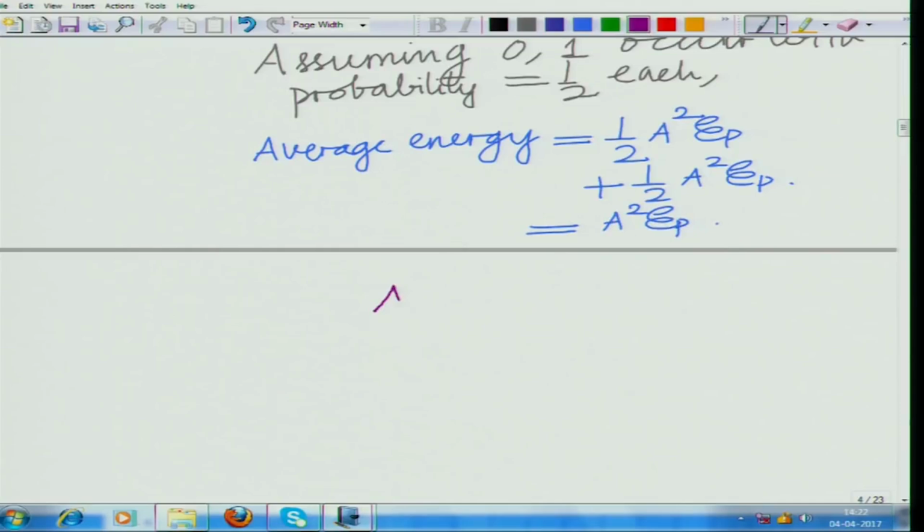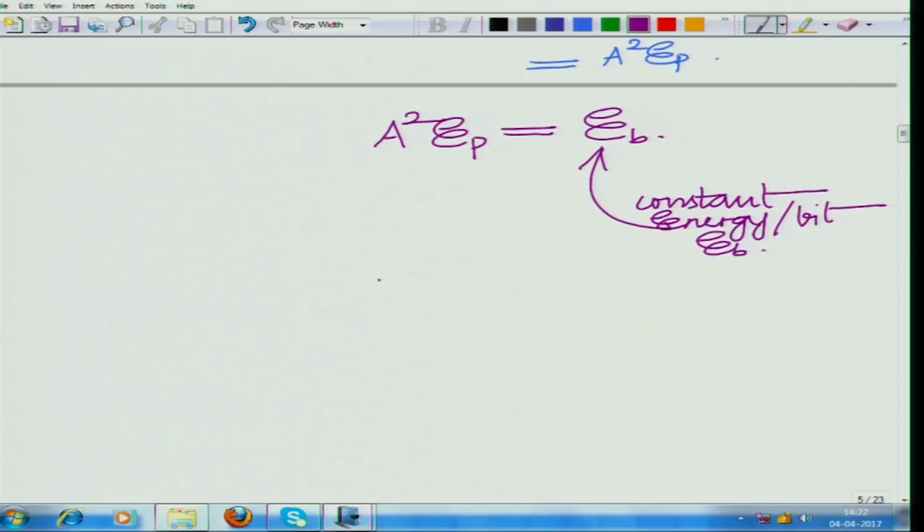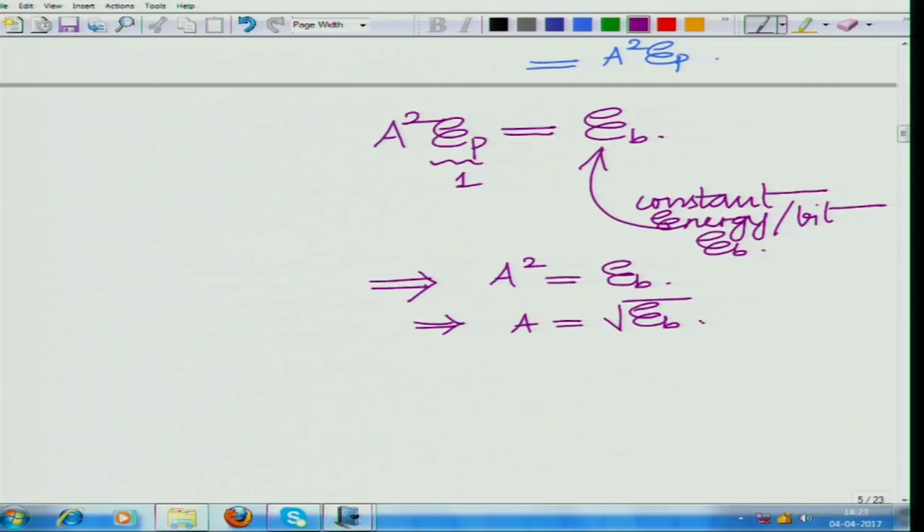Similar to the previous modulation schemes, if you want to set a constant energy per bit EB, this implies A square EP has to be EB, and we know EP equals 1, which implies A square equals EB, which implies A equals square root of EB.